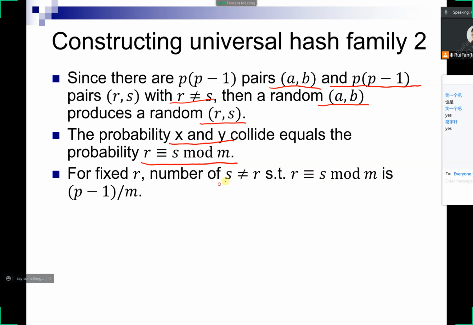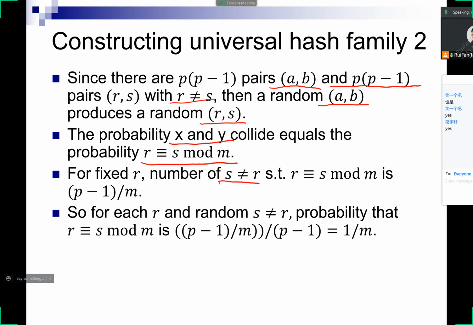Since we know that S is not equal to R, there are P minus 1 possible values for S. And so the number of S which are congruent to R modulo M is just going to be P minus 1 divided by M.